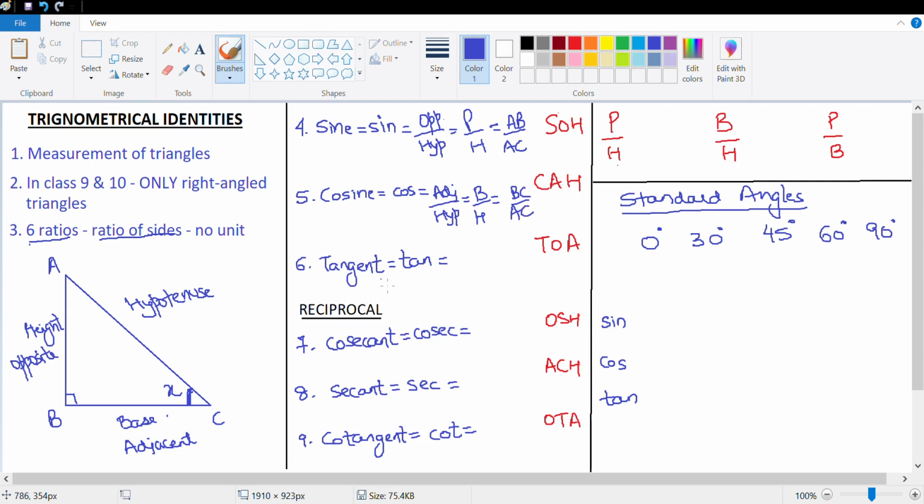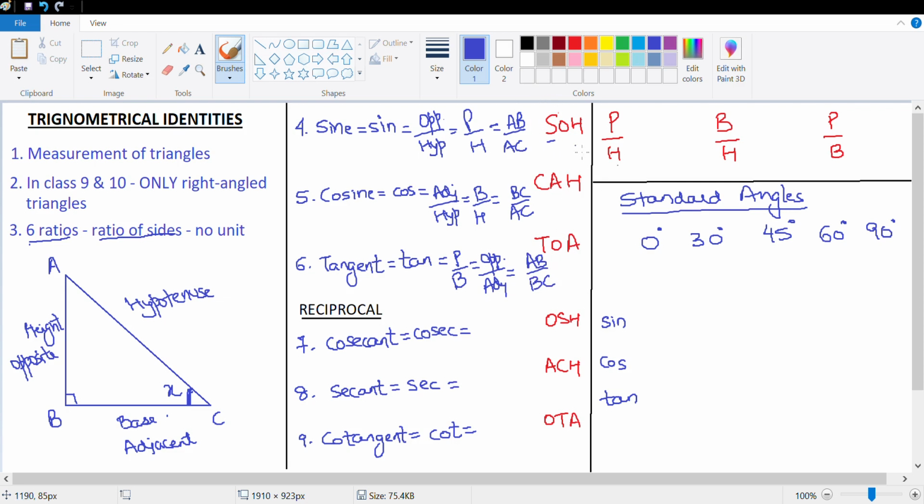And then the last one, which is tangent, which is written as tan, which is basically perpendicular upon base, also written as opposite upon adjacent. In this question, it will be AB upon BC. Perfect.